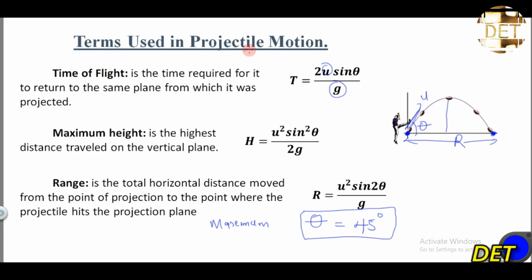And we looked at the terms used in describing a projectile motion: time of flight, maximum height, and range. The formula for time of flight is t equals 2u sine theta over g. Maximum height is u squared sine squared theta over 2g, and range is u squared sine 2 theta over g. And I said that range is maximum when theta is equal to 45 degrees.